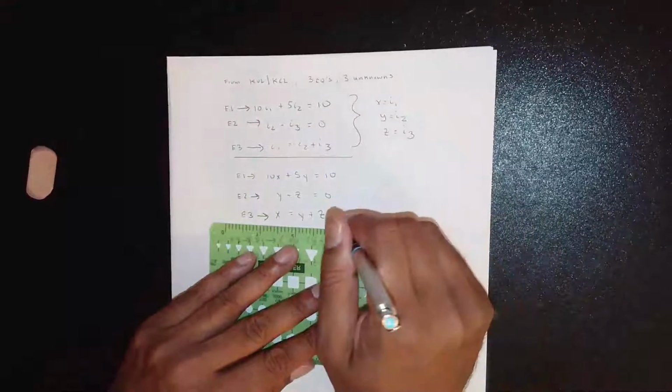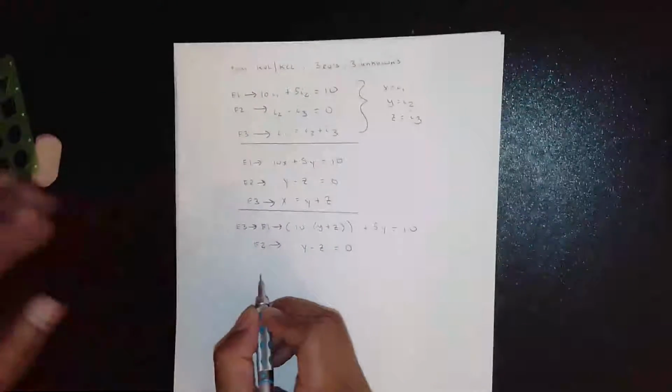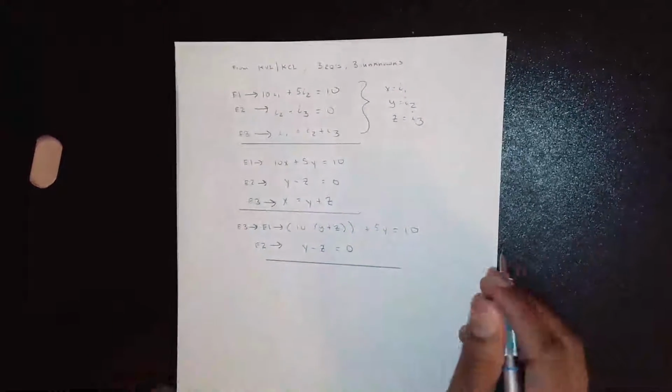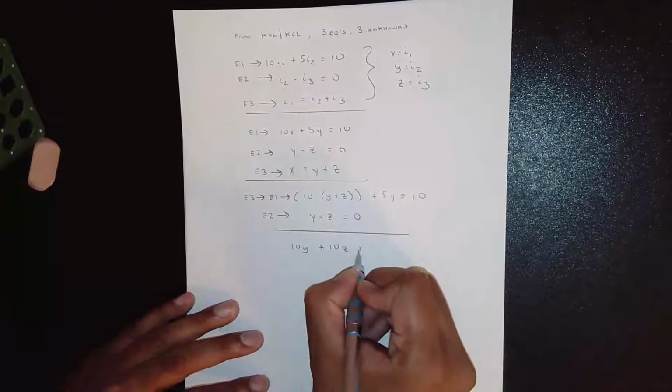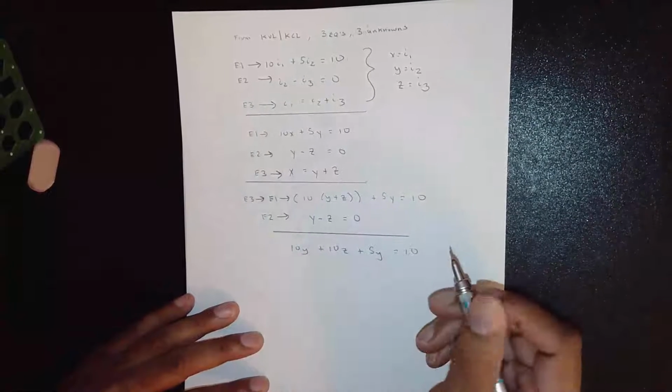Once you're able to plug that in, now you can see the equation formulate. This will give us what we're looking for: 10y plus 10z plus 5y is equal to 10.